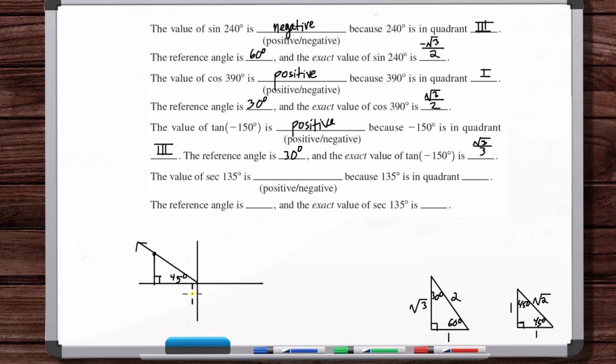Secant is the reciprocal of cosine. So hypotenuse over adjacent, this is negative, because this is in quadrant 2. The reference angle is 45 degrees in the exact value of secant 135. So we've got negative 1, positive 1, and then root 2. So it's root 2 over minus 1. So minus root 2.